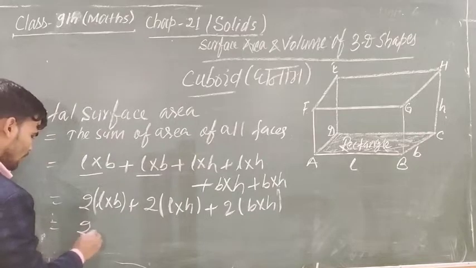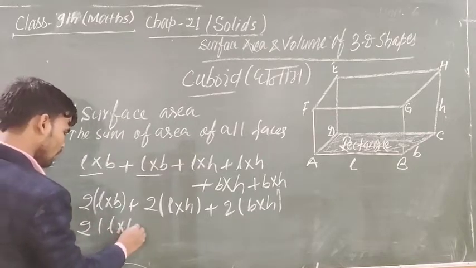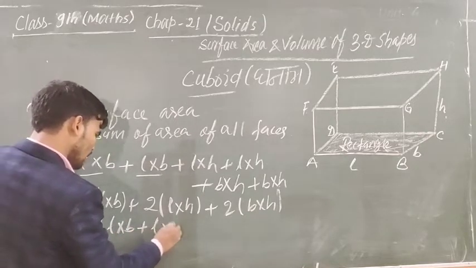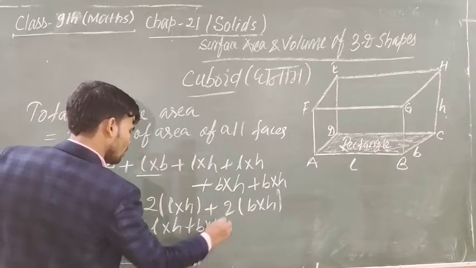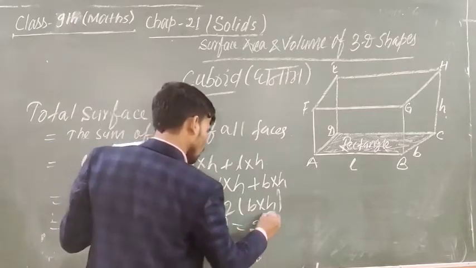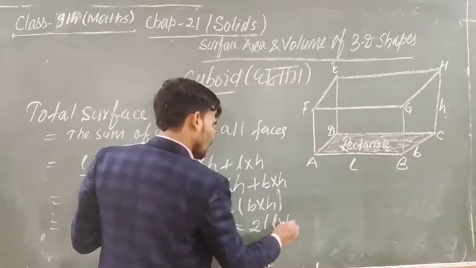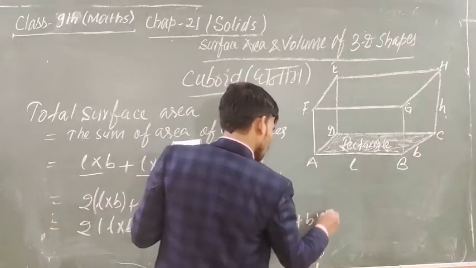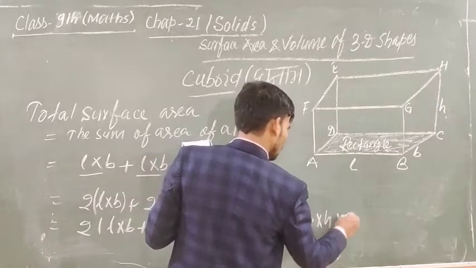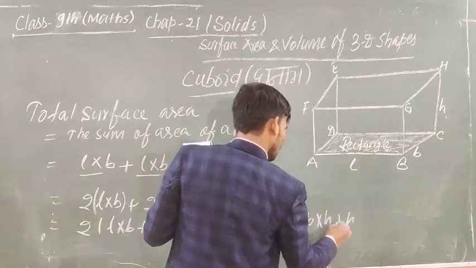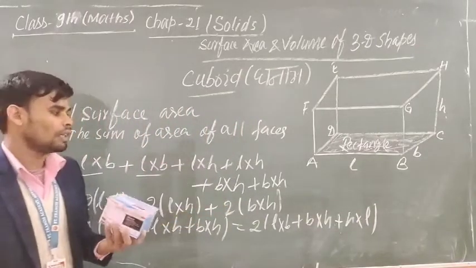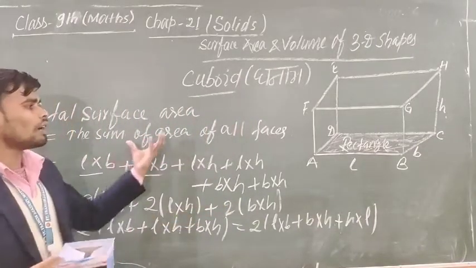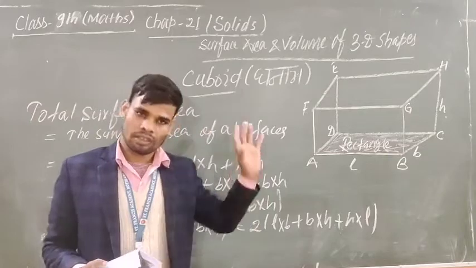So it will be 2 into (L into B plus L into H plus B into H). You may also write it as 2 into (L into B plus B into H plus H into L). This is the formula for evaluating the total surface area or surface area of a cuboid.